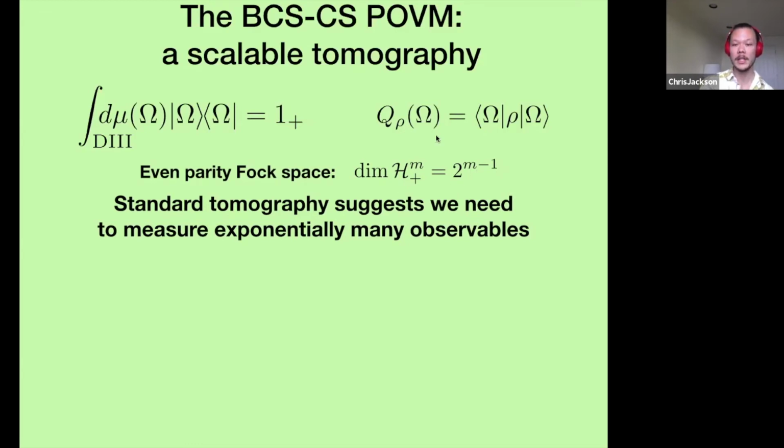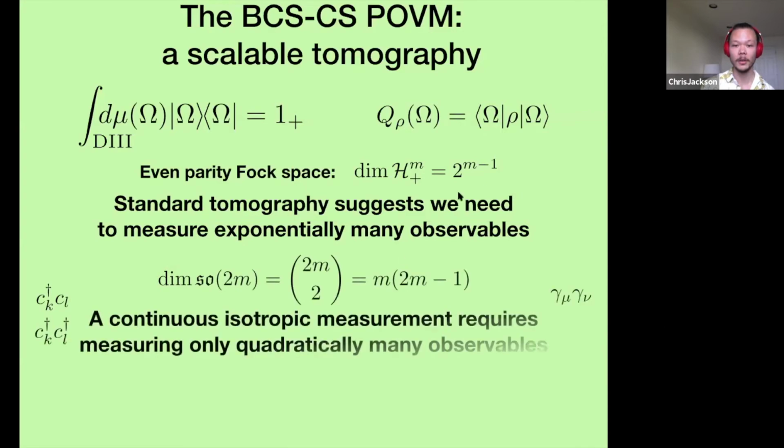If you were to think of this as a naked Hilbert space, and you imagined trying to do measurements in the sense of standard tomography, so that you could uniquely determine the unknown density operator being given to you, you would immediately think that doing tomographically complete measurements on such a Hilbert space might be hopeless, because the dimension is exponential in the number of modes. And if you're building a quantum computer, you would be interested in a system with many modes.